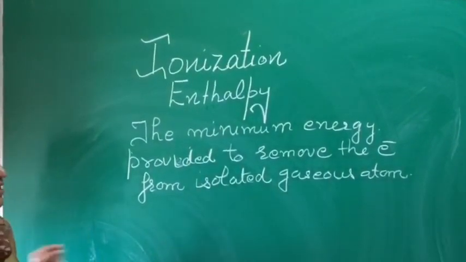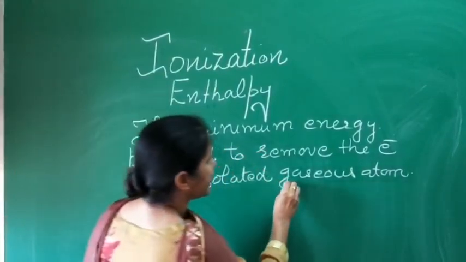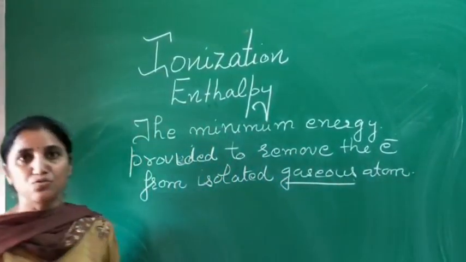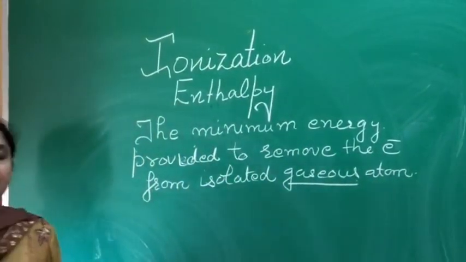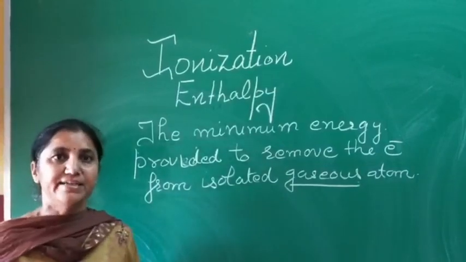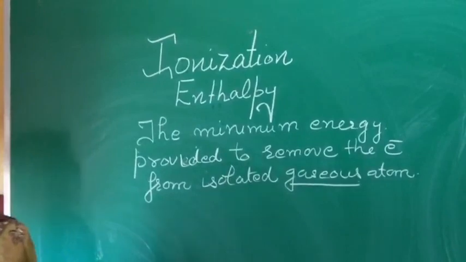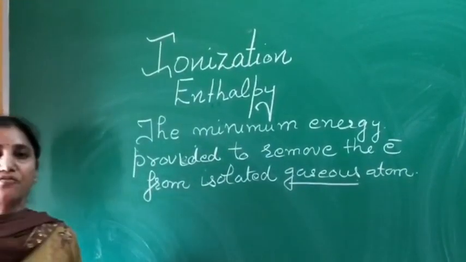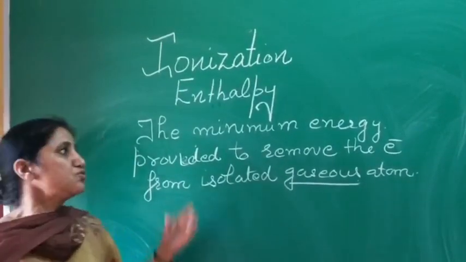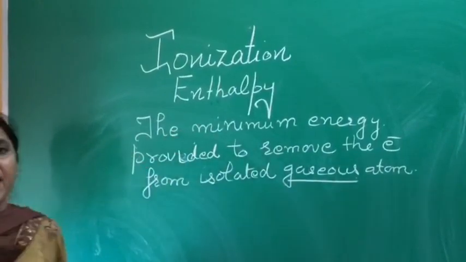Now students, here we remove the electron from the gaseous state because in the gaseous state the atoms are widely separated from each other, so the interatomic forces of attraction are minimum. So that is about the ionization energy.